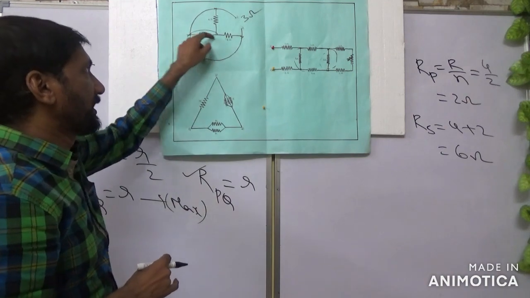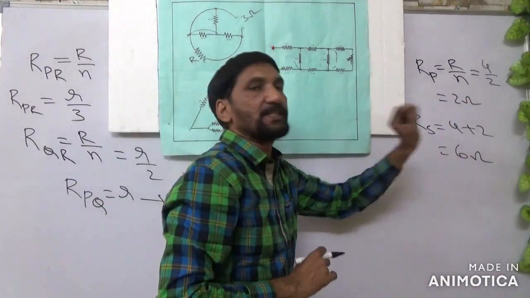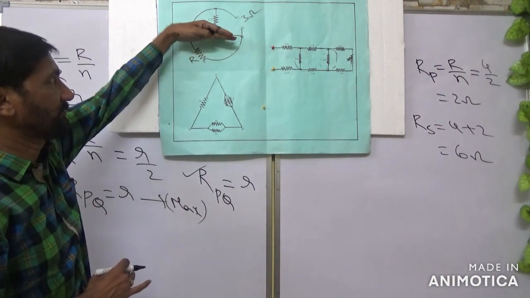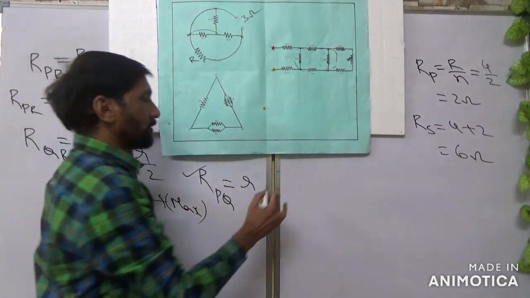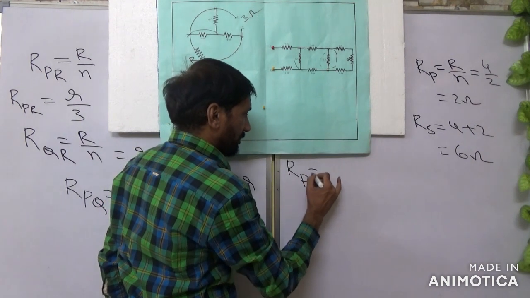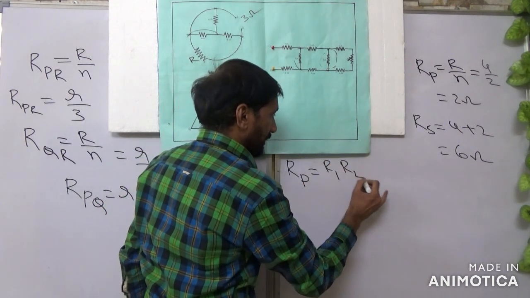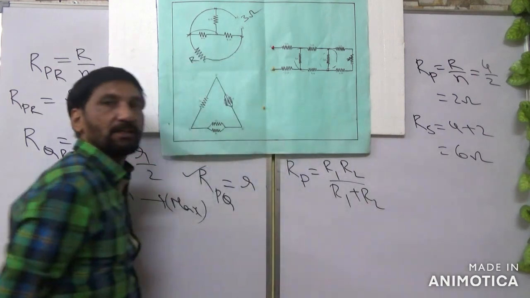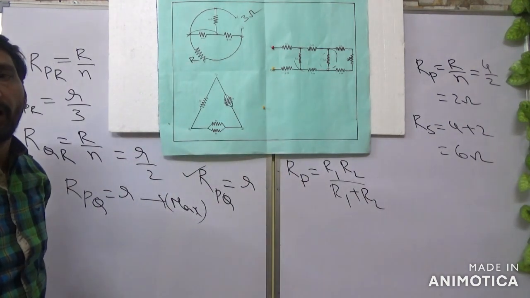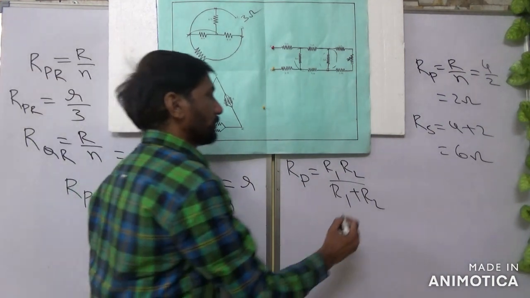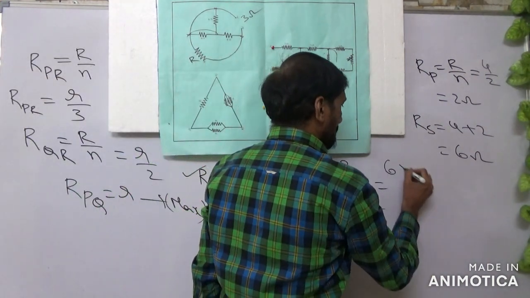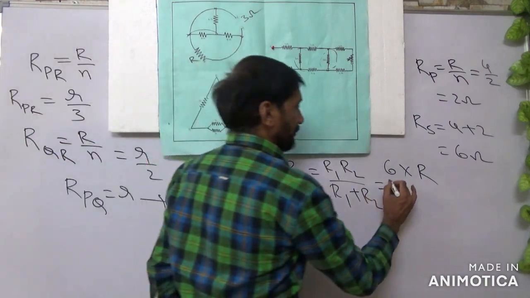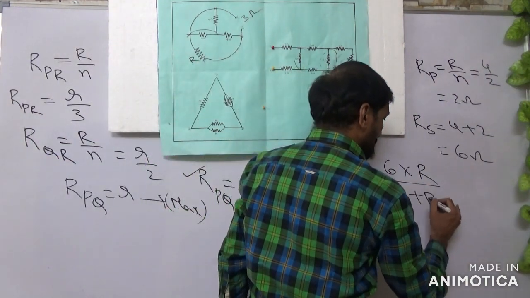That means this complete resistance is 6 ohm. Now this is parallel to this. So whenever you join two resistors in parallel combination, it is R1 R2 by R1 plus R2. So one is 6 and another one is unknown, R, so 6R by 6 plus R.